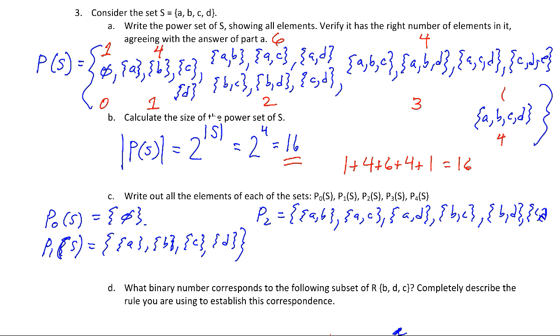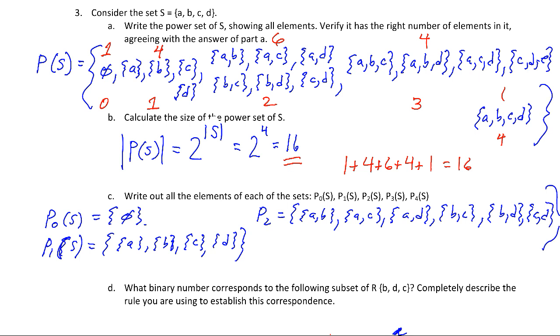And now I messed it all up here. Bear with me. C, D. Okay. Let's see if I can get rid of this thing. Okay, so there's my set P2.